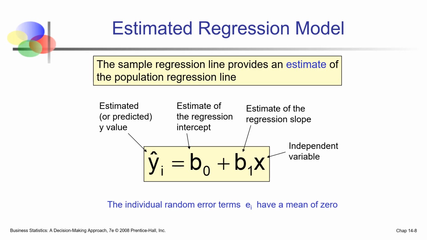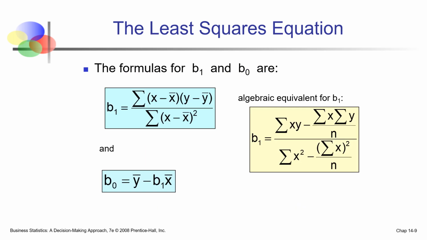If we have multiple independent variables, then we are checking the impact of two or three different independent variables on the dependent variable. Of course, our individual random errors, e_i, have a mean of zero. This is an assumption of the regression model. B1 is the slope, and this is the regression coefficient.